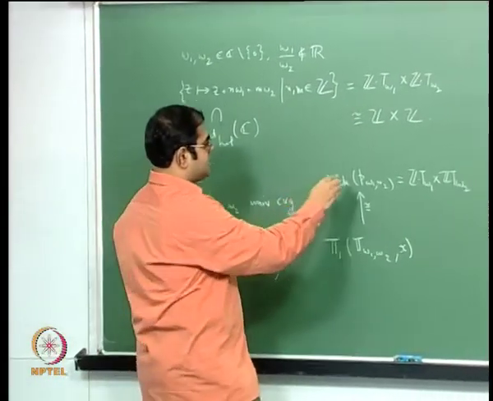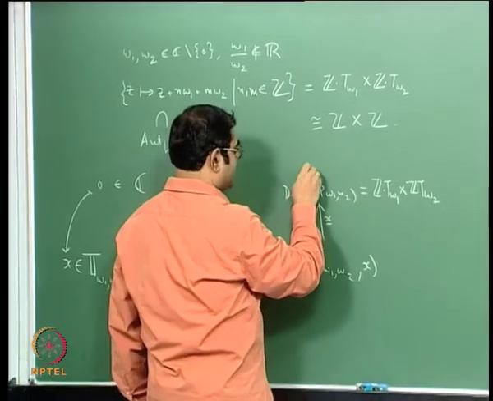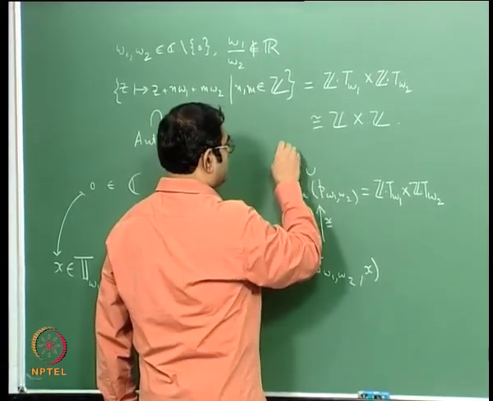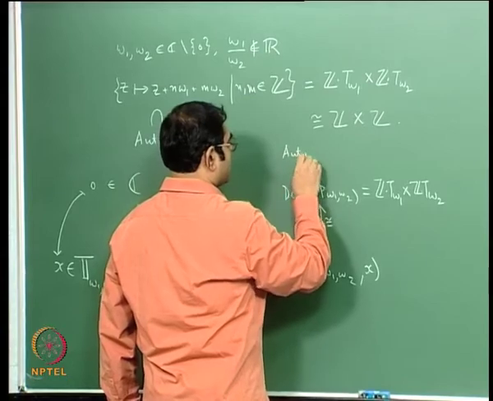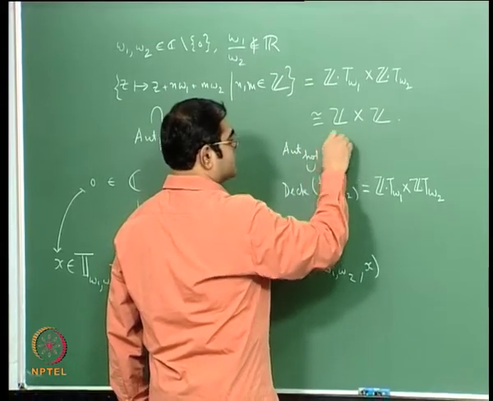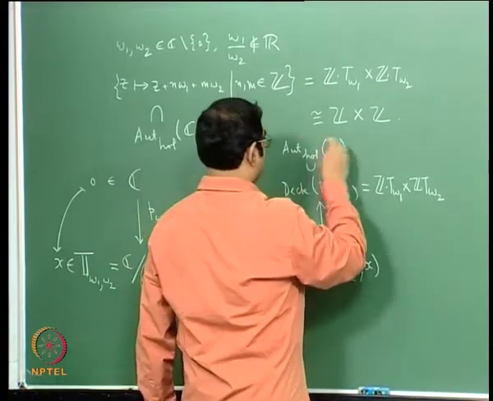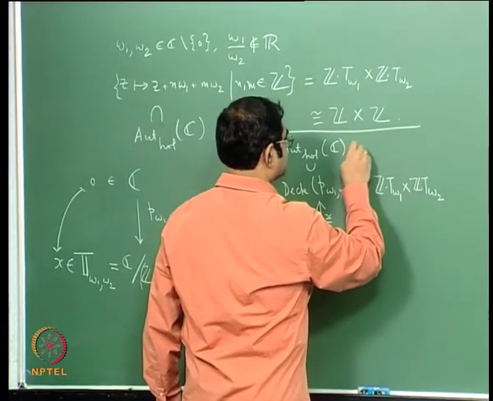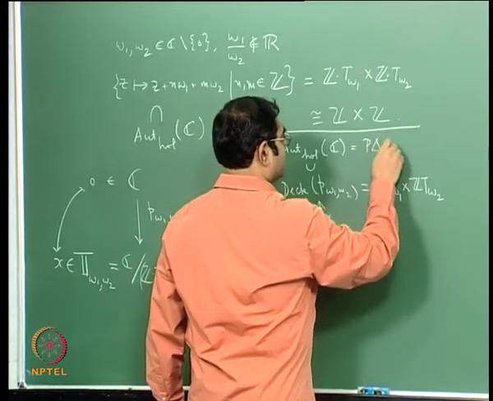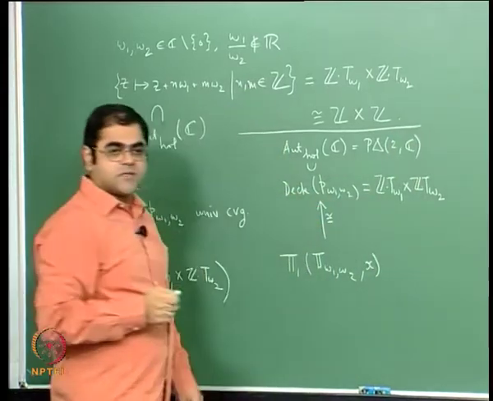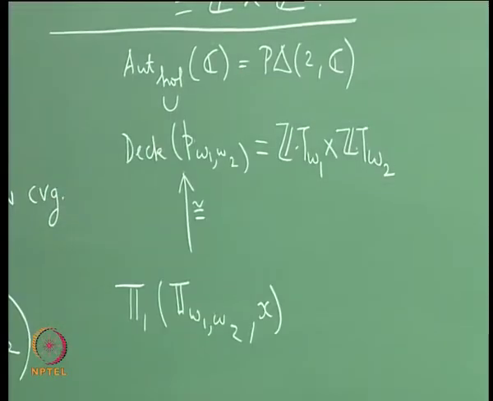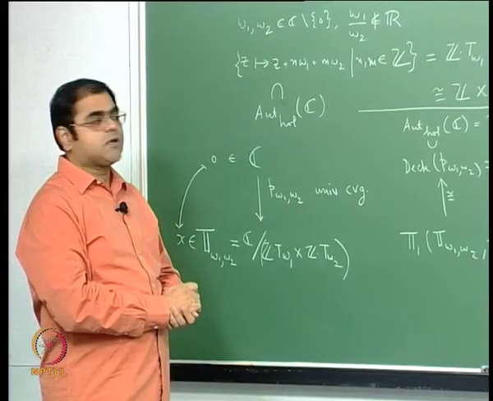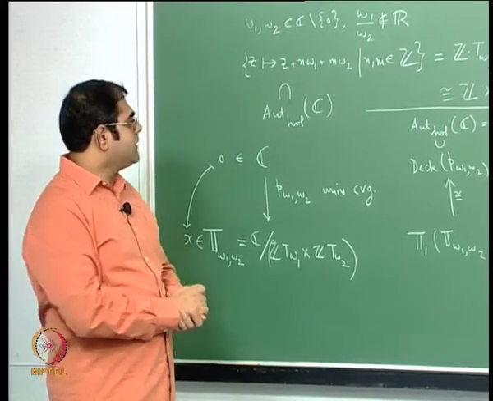And of course this deck transformation group is sitting inside the group of holomorphic automorphisms of the universal covering space, which is PSL 2C. If you write it out as matrices, these are all elements of PSL 2C of upper triangular form.